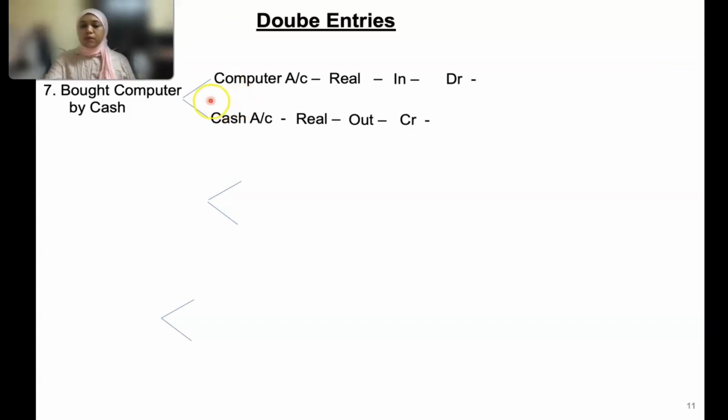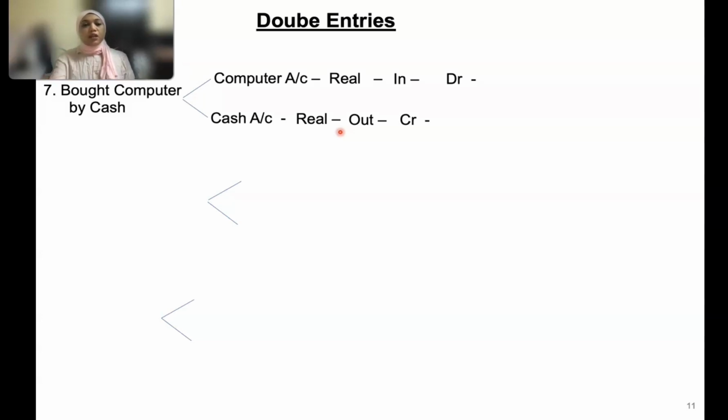As I told you in the previous slide, if one side is debit, the other is definitely credit. Okay, if you can decide computer is real, in, debit, cash is definitely credit. We are considering real, out here because we want you to know why we record it in credit side.